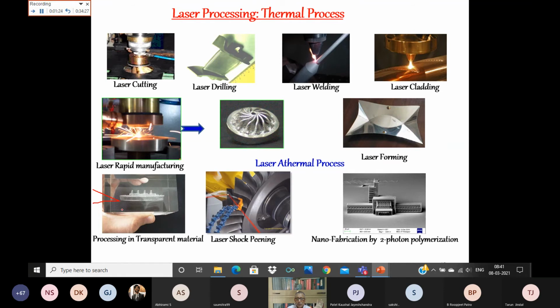Only at the focal point where the diameter is small, there the intensity is above the threshold of multiphoton absorption in glass.